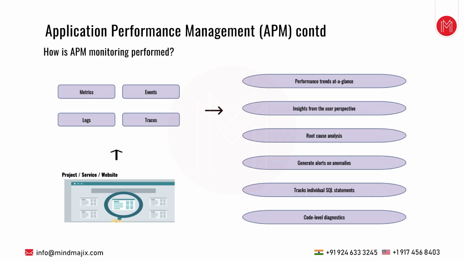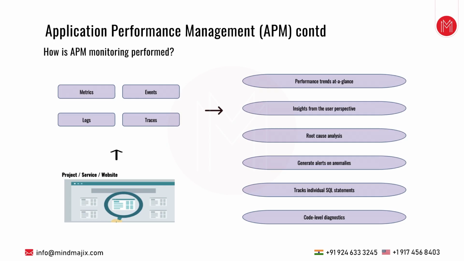We can generate alerts on anomalies so that if a similar issue occurs, an alert can be triggered to the respective application owner, the person who owns that application, to solve the issue. We can also track individual SQL statements, which helps in understanding why a call made to a database is taking longer and where the issue is happening.